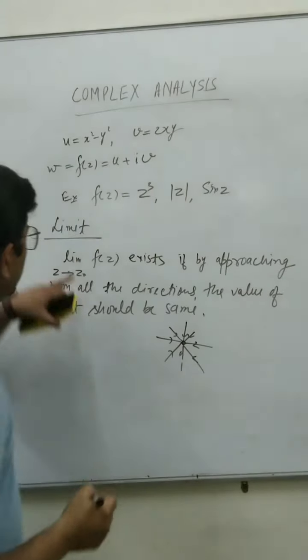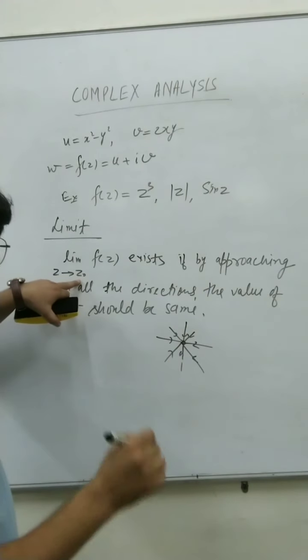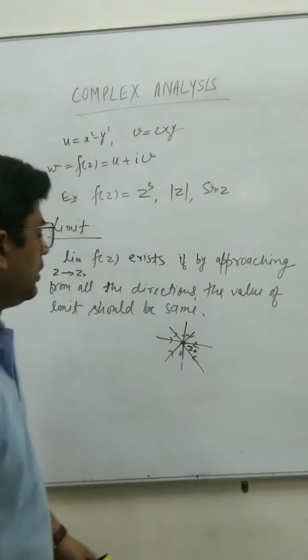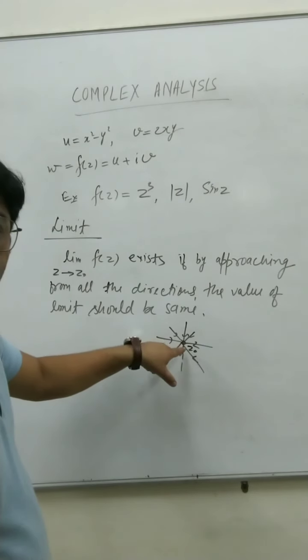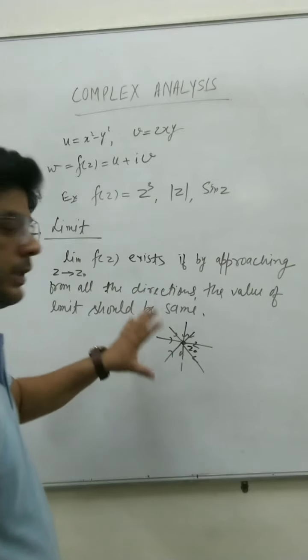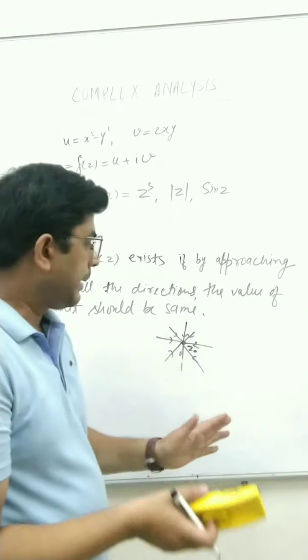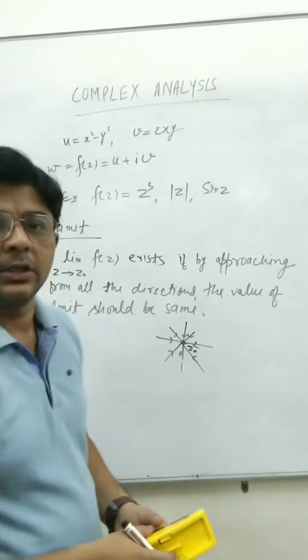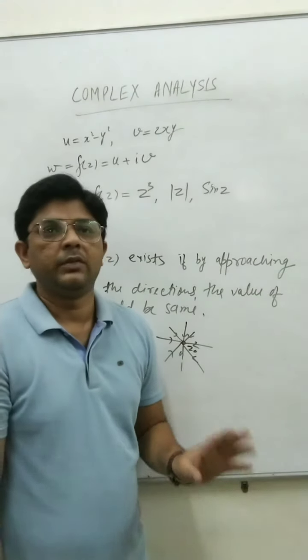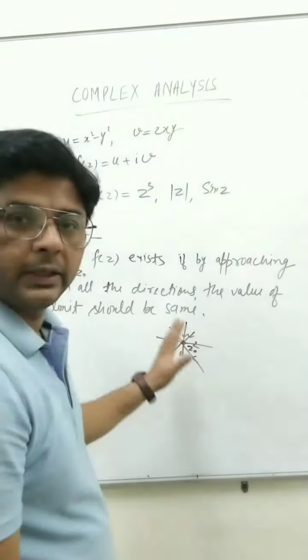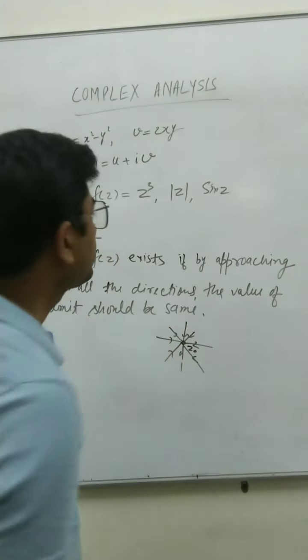This point is z naught, at which we have to find the limit. If we move towards z naught from all the infinite directions and the value of the limit is the same, then we can say that the limit exists. And if by approaching from different directions the value of the limit is not the same, then we say that the limit does not exist. So this is the definition of limit in the case of a complex function.